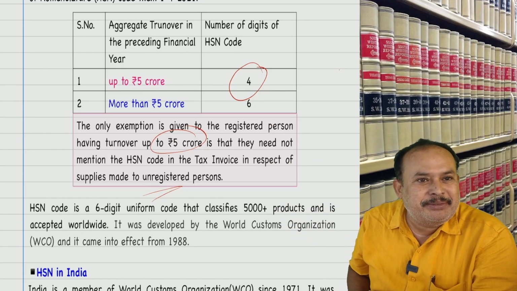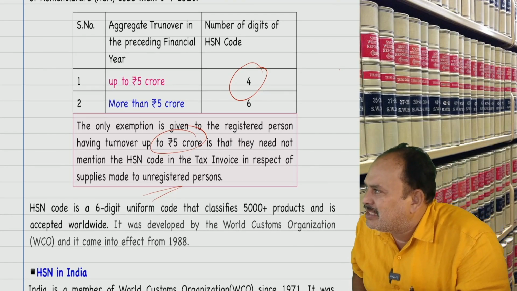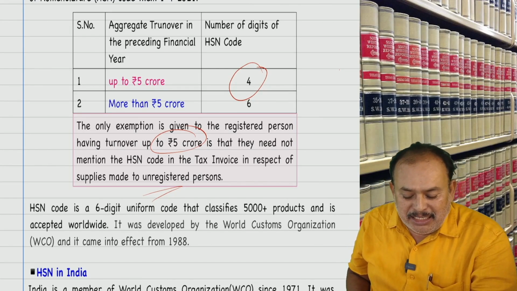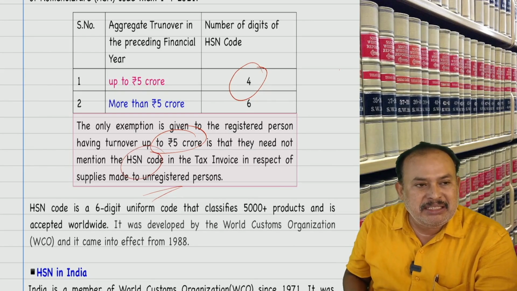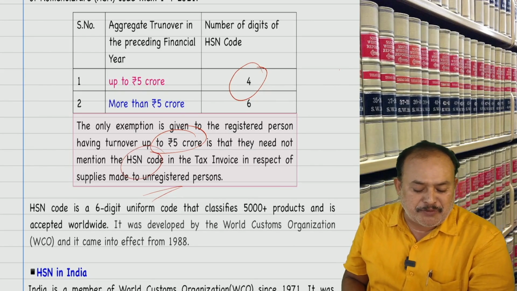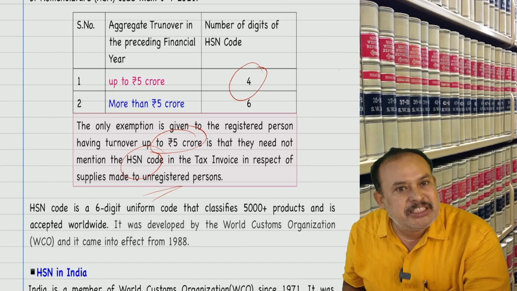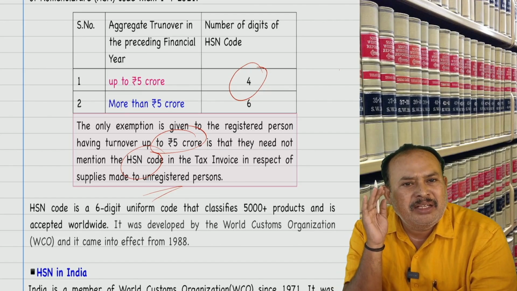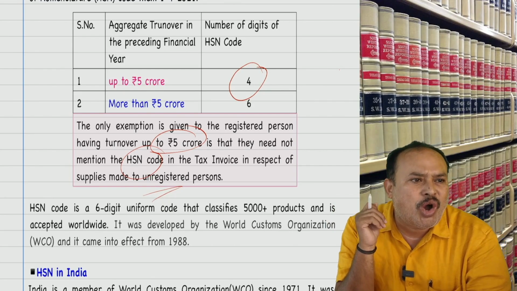You get my point, sir? The only exemption is given to the registered person having turnover up to 5 crores, that they need not mention the HSN code in the tax invoice in respect of supplies made to unregistered persons. Is it clear, my dear friends? Have you got it? The same is applicable for suppliers of service also.